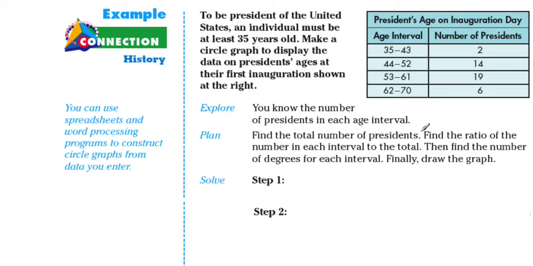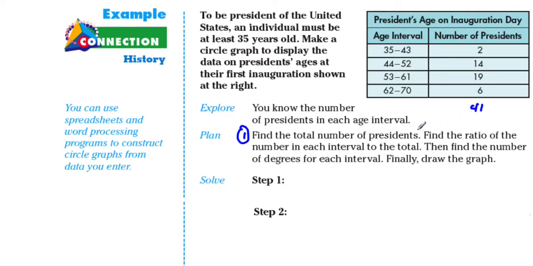First step, find the total number of presidents. In our case, if we add them all up, 2 plus 14 plus 19 plus 6 is 41.